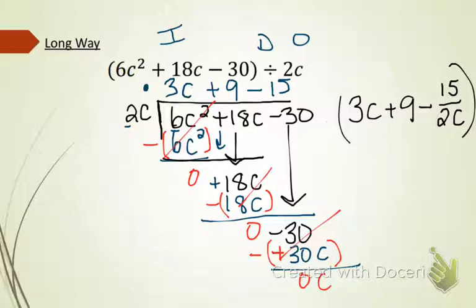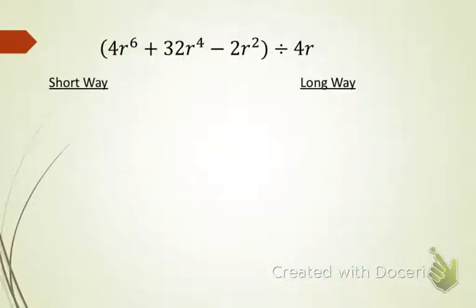Okay, next problem. We have this here, and we need to divide it using the short method and the long method. Now the short way is a little easier because every single term that is inside the parentheses will be divided by the 4r.